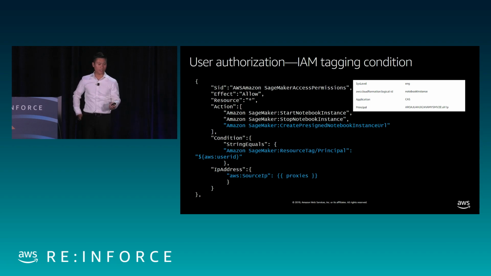The first one is auditability: if you have a single tenant, only a single user in the notebook, it's easier to implement the auditability. The second reason is that it allows for an easier user experience. Since it's very simple to create the service catalog product on demand for data scientists, we don't see the reason why they need to share the notebook with any other people in the teams.